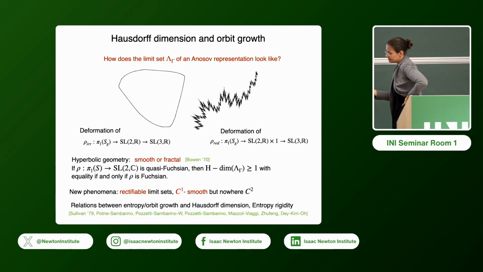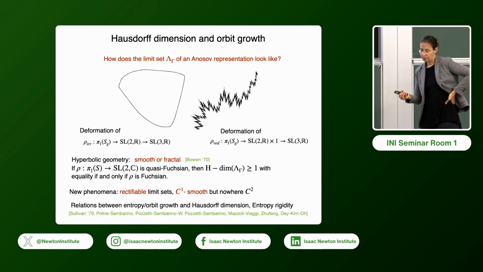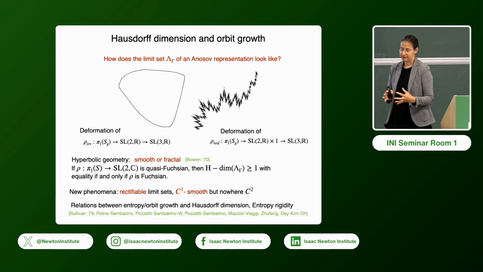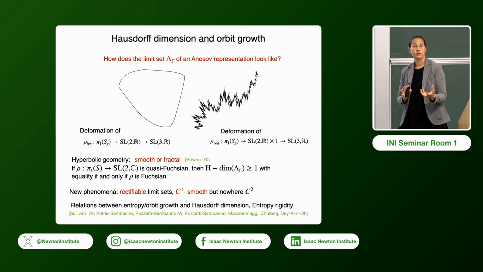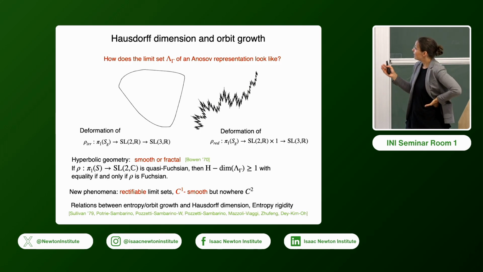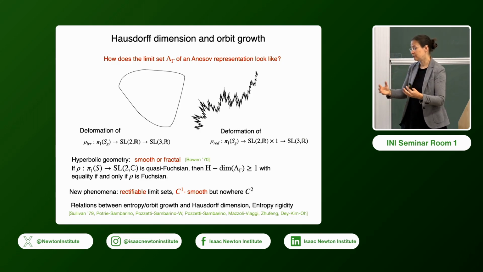The other thing I mentioned for convex co-compact subgroups is a relation between orbit growth and Hausdorff dimension, and there are some interesting things about Hausdorff dimension. I want to highlight one thing which is different in this higher rank situation, and adds new phenomena you don't see in the rank 1 negative curvature setting.